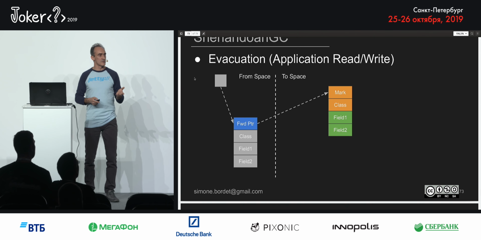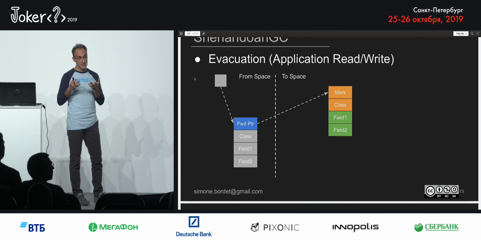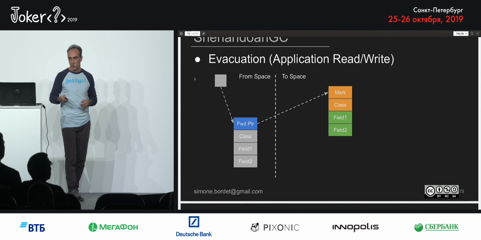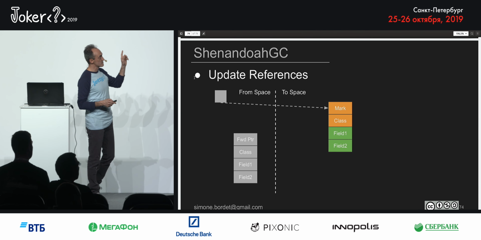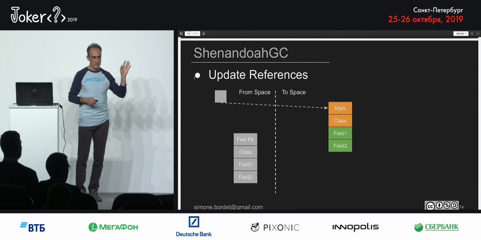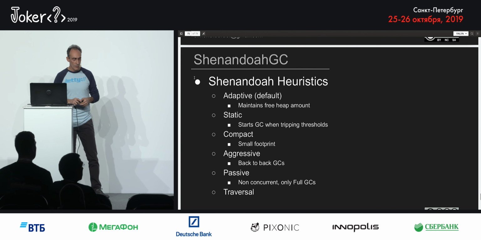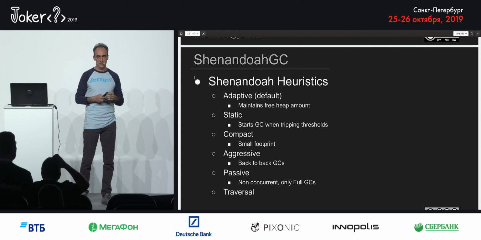Now the application can do any read-write on the new copy, because this now is the real primary copy of that particular object. And of course, the update reference phase will just move the pointer from the first object to the new copy.